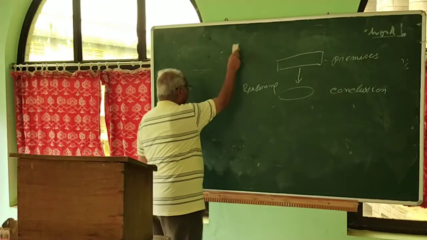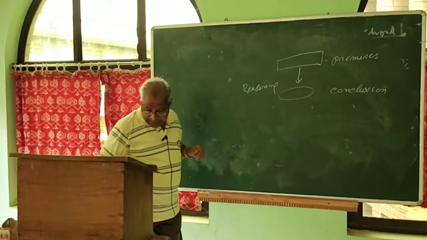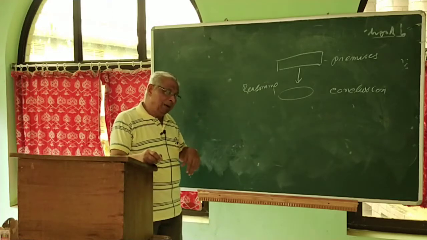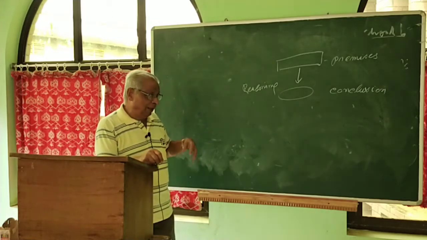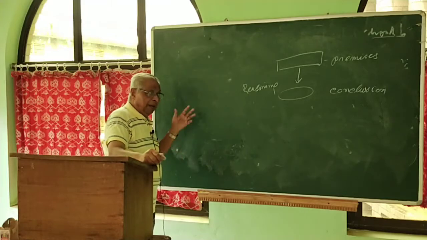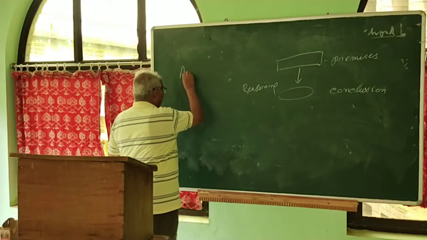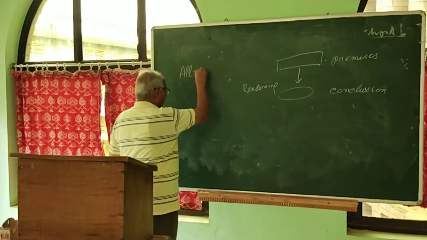Premises and conclusion. Now, let me give a classical example which will be repeated several times over and over again. That is the example given by Aristotle himself. So, all men are mortal.